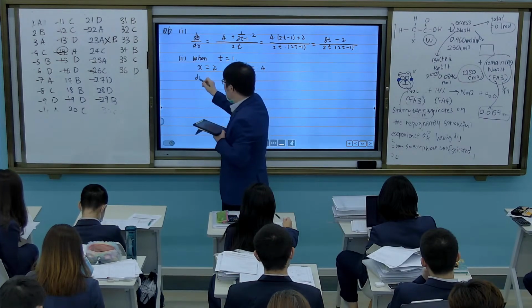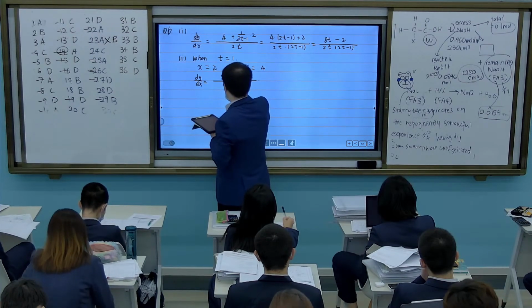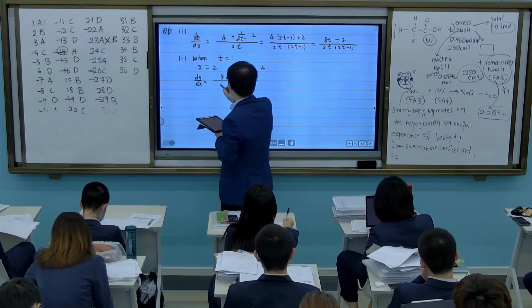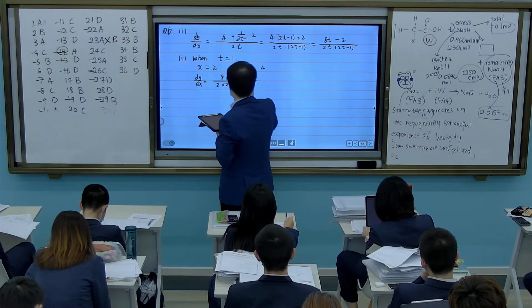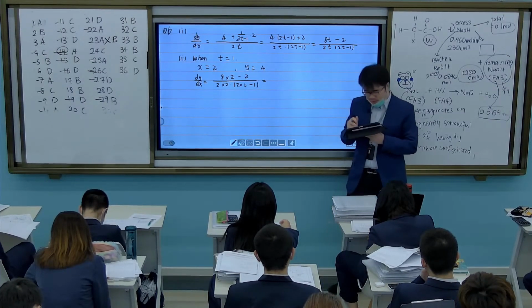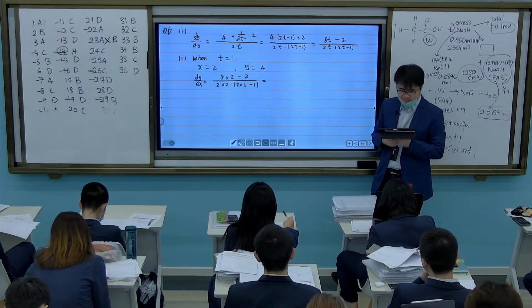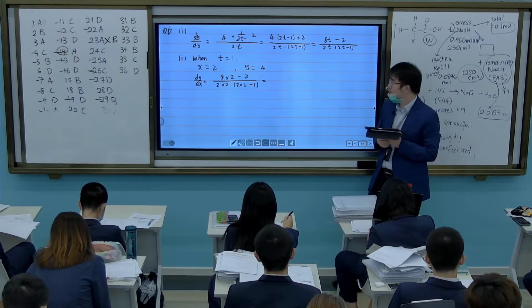Then dy over dx will be (8 times 2 minus 2) divided by (2 times 2 times (2 minus 1)). Okay? So what is this value?